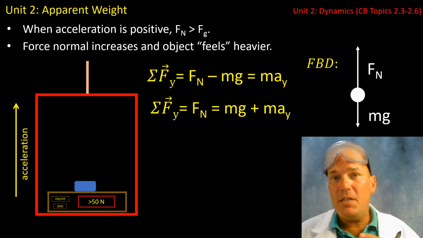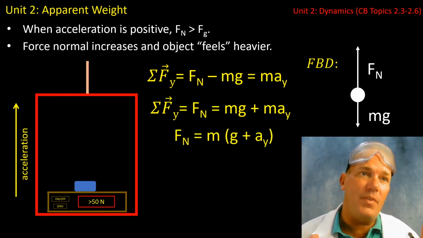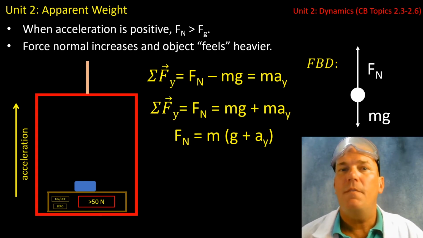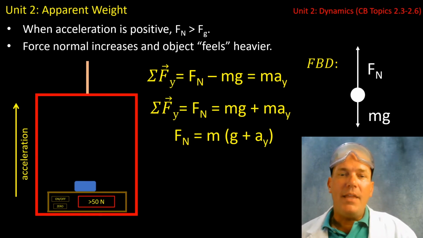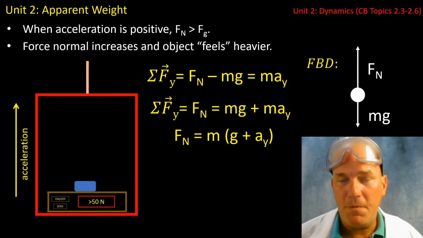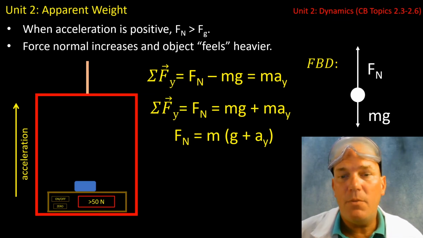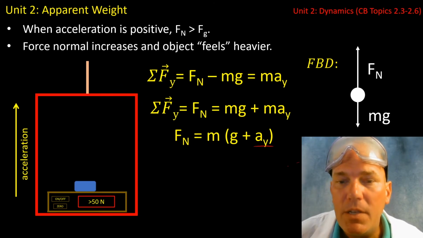In this instance here, it becomes more intuitive if you're able to factor out the mass. That leaves us with the expression, when we factor out mass, that we are adding this acceleration of the elevator to the acceleration due to gravity.